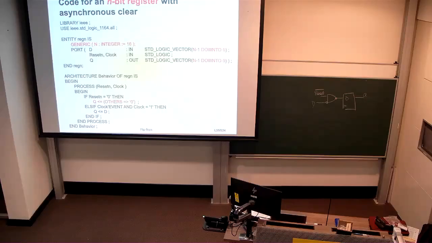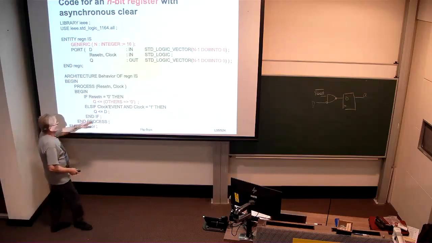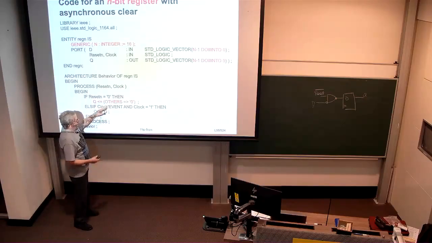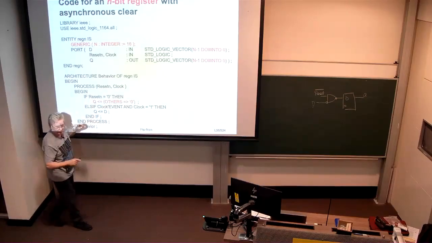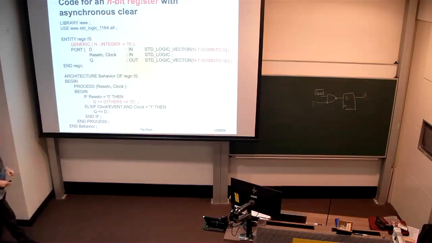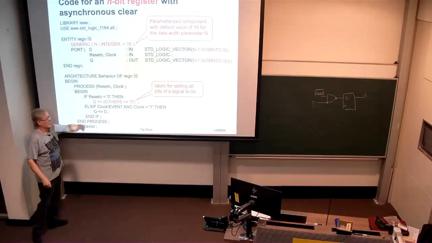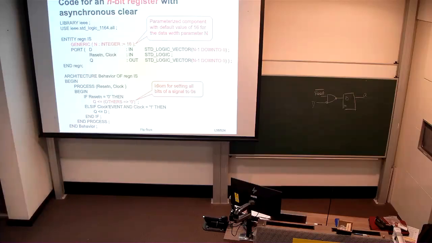In that case, if we want to clear the contents of the flip-flop, we don't know exactly how many bits there are. Well, we know there are n bits, but we can't code that as a constant within double quotes. So this is the idiom that you use if you want to clear all of the bits of Q in one shot. You assign others is 0 to Q.